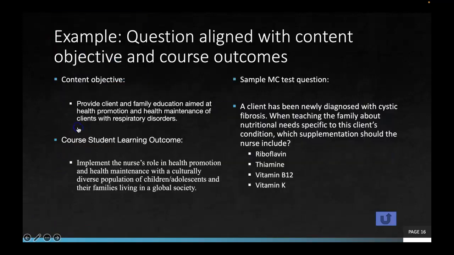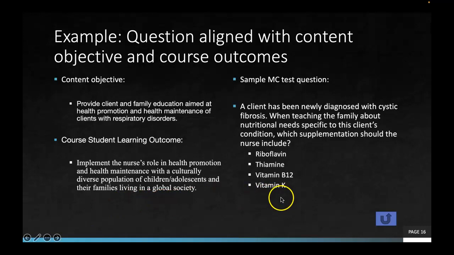An example of this would be, here's a content objective from a course where the nurse should provide education to a client or family aimed at health promotion for clients with respiratory disorders. The student learning outcome for that course is implementing the nurse's role in health promotion and health maintenance.